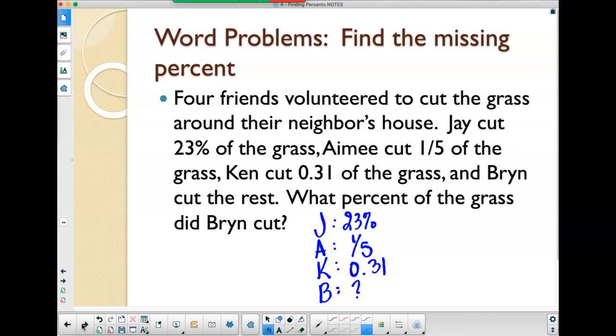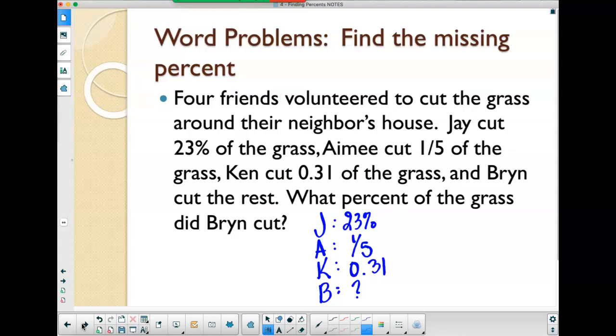Any ideas what would be the best way to try to figure out how much Bryn cut? Would it be easier if all the numbers were in the same form? Do we think? What do you think the best form would be? Fraction, decimal, or percent? What might be easier to look at if we wrote them all as fractions, all as decimals, or all as percents? Matthew, what do you think? Percent. Probably all as percents.